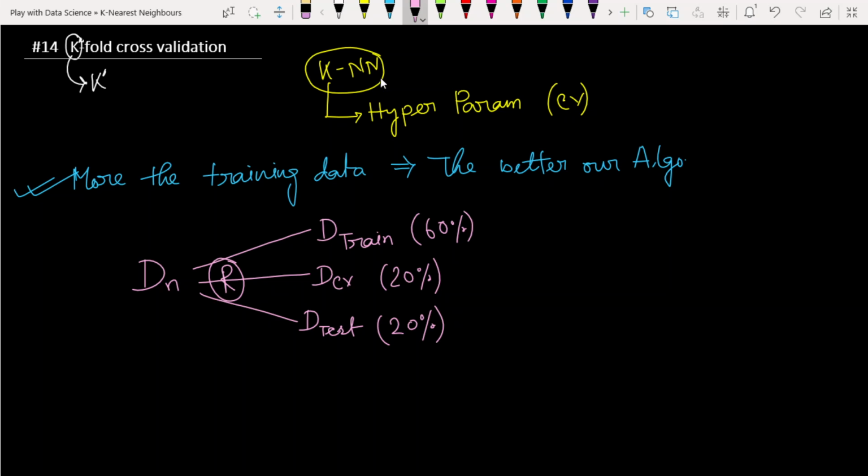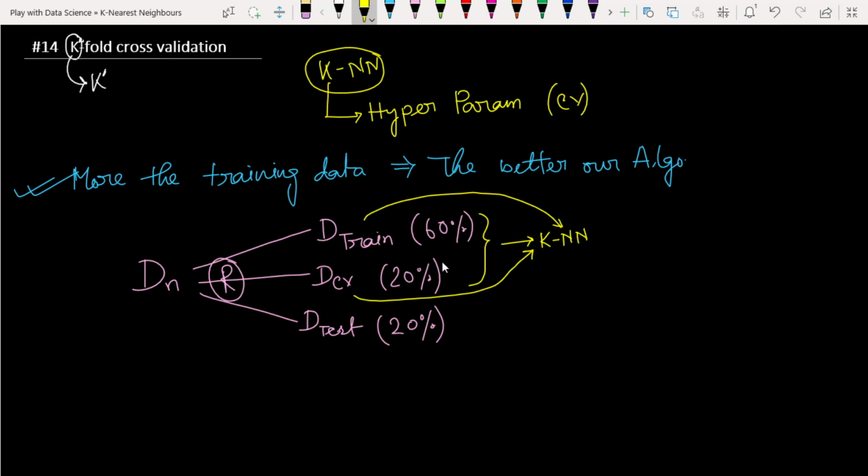We use these two sets of data, the training data and the cross validation data, to build our k nearest neighbor model, our KNN model. How do we build it? We determine our k from the cross validation data, and we take the nearest neighbor points from the training data.